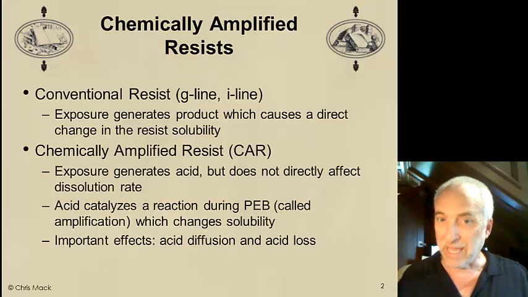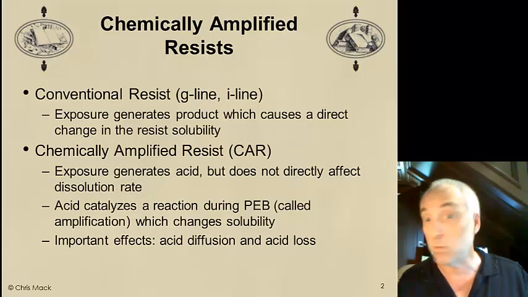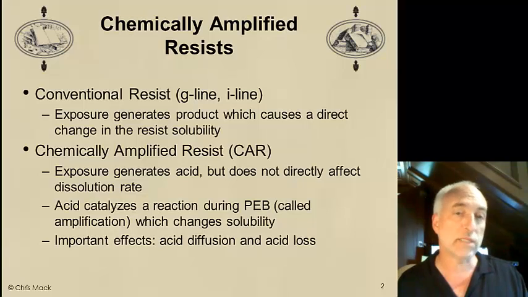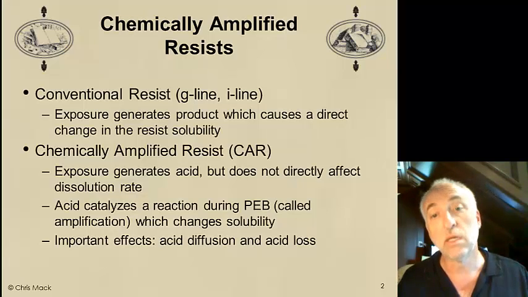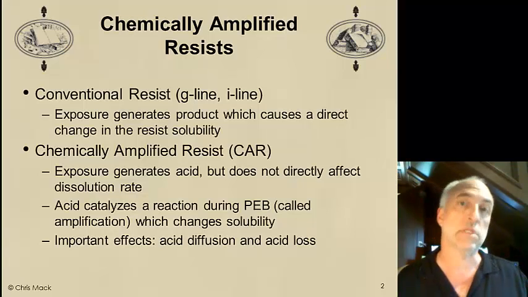For chemically amplified resists, or CARs, that are used at 248 nanometer and 193 nanometer exposures, the mechanism for solubility change is quite different. First of all, exposure generates an acid, kind of like for a DNQ resist, but the acid does not directly affect the solubility of the photoresist.